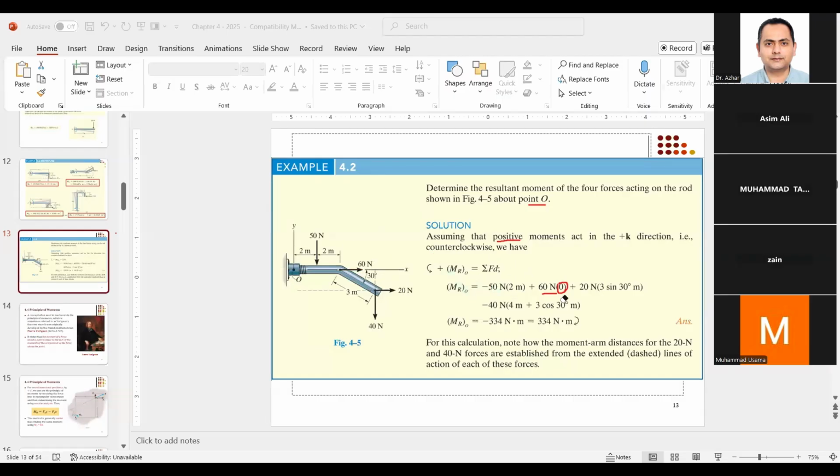Let's look at the third one. The third one is this 20 right here. Now, same thing: extend the line of action of the force and try to find the perpendicular distance from point O. Now this perpendicular distance is not directly given, but there is other information which is given and we can use it.